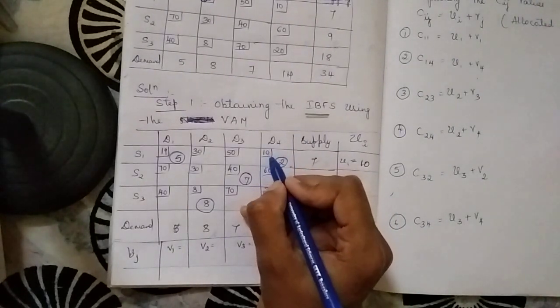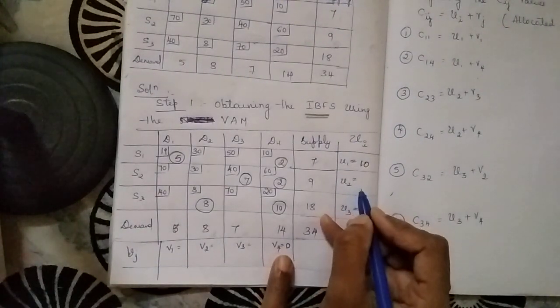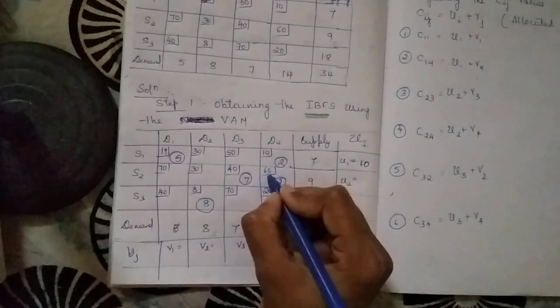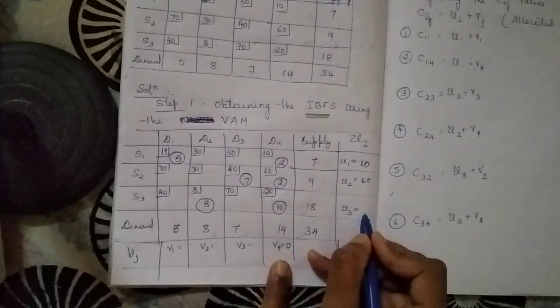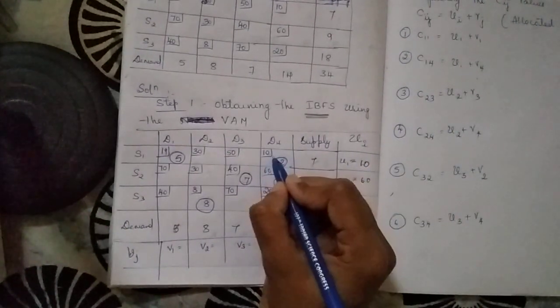So how do I arrive at this 10? 0 plus 10. Now coming down to u2, how much should I add to get 60? 0 plus 60. Now coming down to u3, the cost is 20, right? 0 plus 20. So 0 plus 20 is 20, 0 plus 60 is 60, 0 plus 10 is 10.